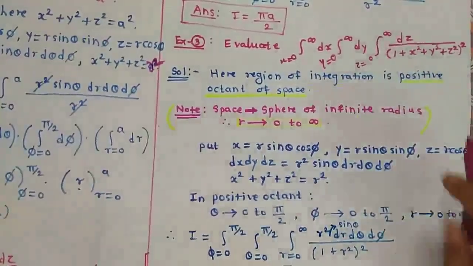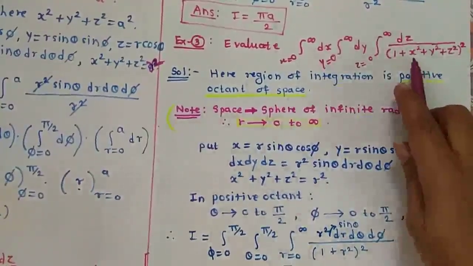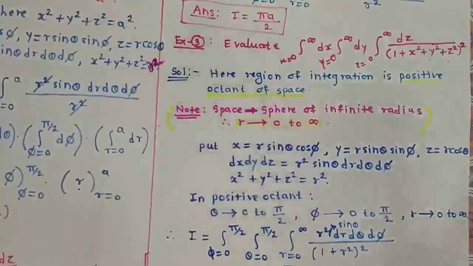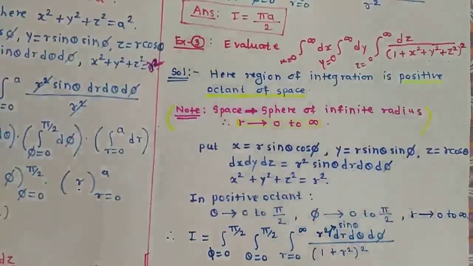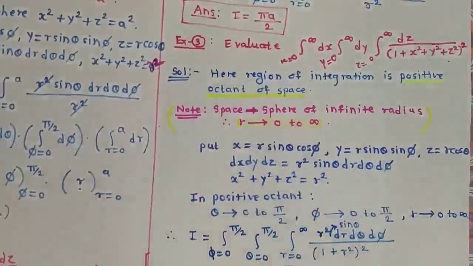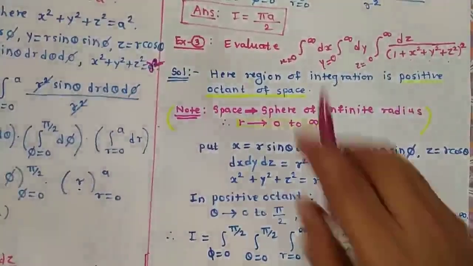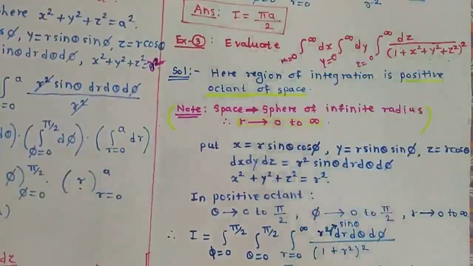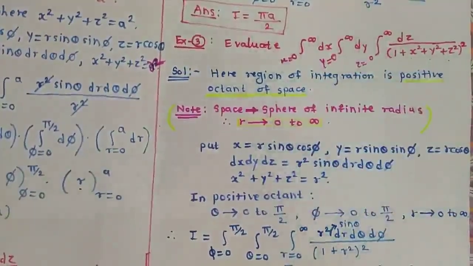So first of all, observe the integrand. Since the integrand involves x square plus y square plus z square, here we use spherical polar substitution, right? But while using spherical polar substitution, identify the radius of the given sphere. Since here all upper limits are infinity, your region of integration is space.